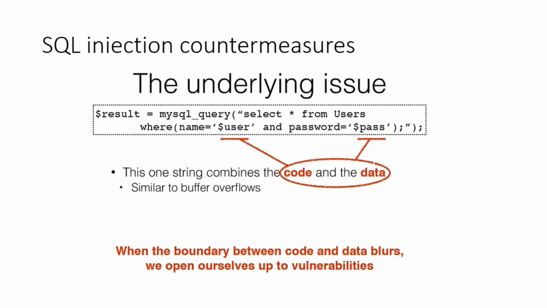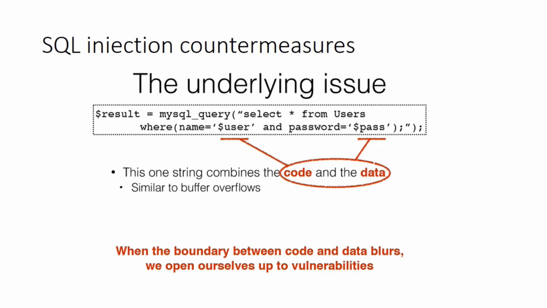That is a combination of code and data: the SQL query as well as the user input parameter. So this behaves like a buffer overflow, because for that variable user you can't fix the limit or the boundary, so it will overflow.